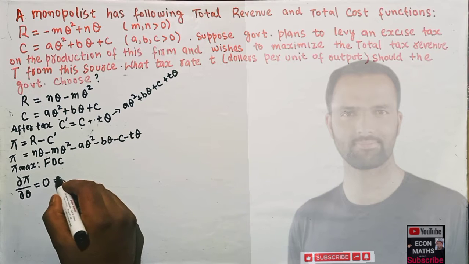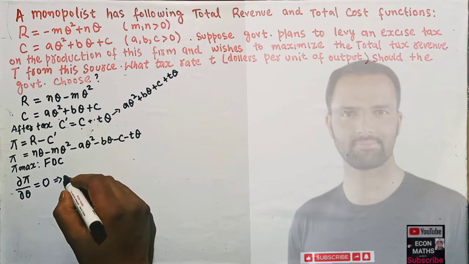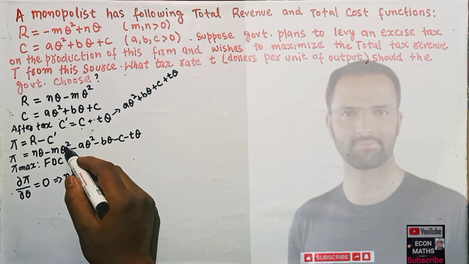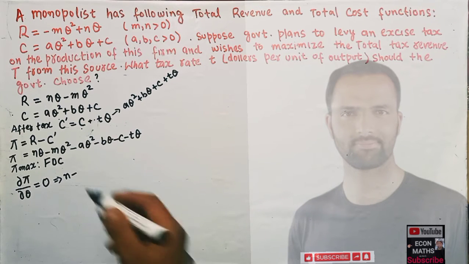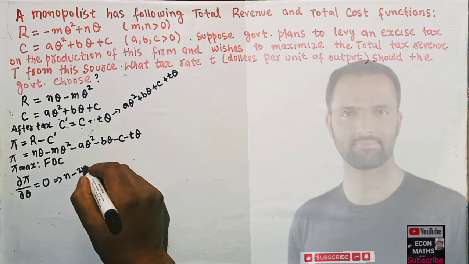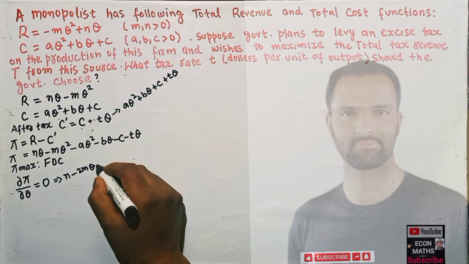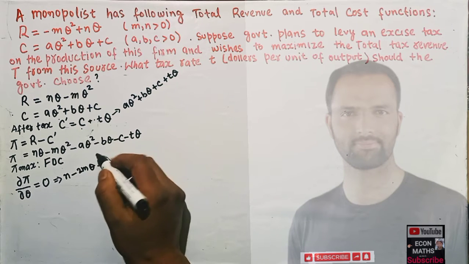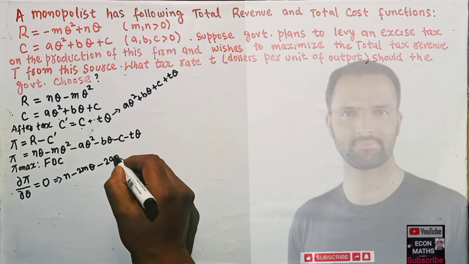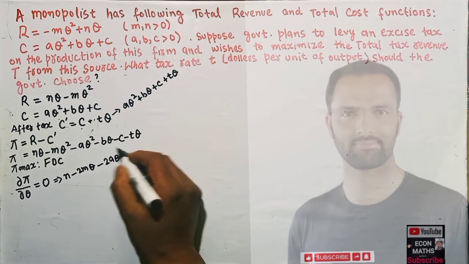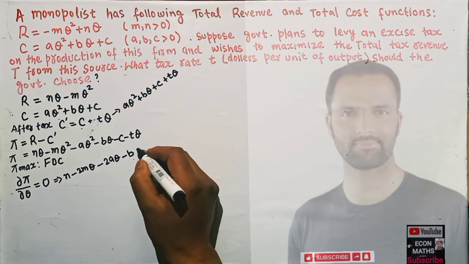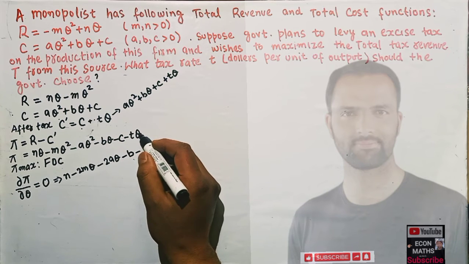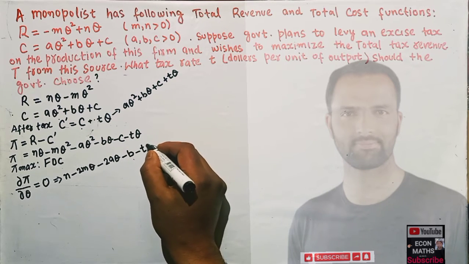The derivative of nQ is n, minus the derivative of mQ², which is 2mQ. The 2 becomes the coefficient and the exponent is reduced by 1. I will not explain this, as I have explained it in a number of videos. So this becomes 2mQ. Then minus, similarly, the derivative of aQ² is 2aQ, minus the derivative of bQ, which is b, since no Q is involved in the term c so its derivative is 0, minus the derivative of tQ, which is t, and we set it equal to 0.